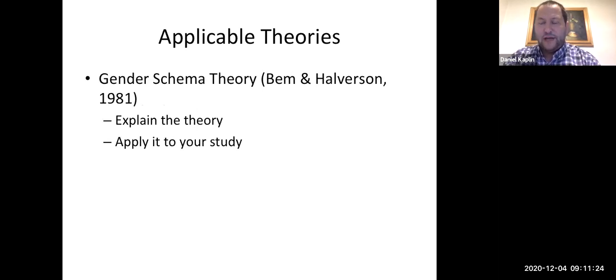You're going to remove gender schema theory. And you're going to actually put the theories that you introduced in your paper there and explain them. You may recall in your introduction, you had a paragraph for each theory you're using, and you explained it.